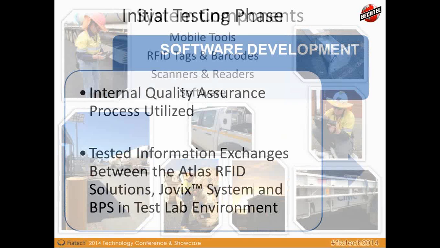Without saying too much good about the Atlas RFID and Jovix guys, the relationship and the partnership that we've established there is, to me, the poster child of how enterprises who are looking for innovative solutions can bring results, and bring those results with speed. I think that's the new model going forward.